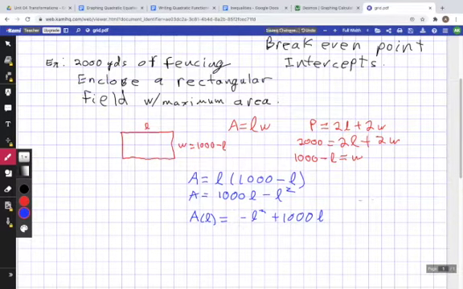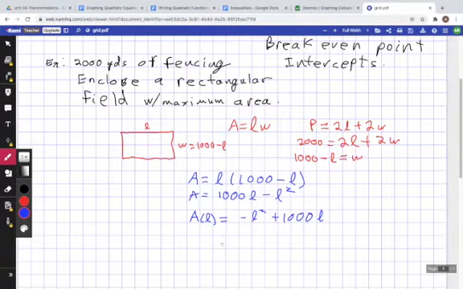We don't have to rewrite it like this. I'm just doing so that we see it is in standard form. We want to know the vertex because we want to know the maximum possible area. So when we find the vertex, we use the H formula.